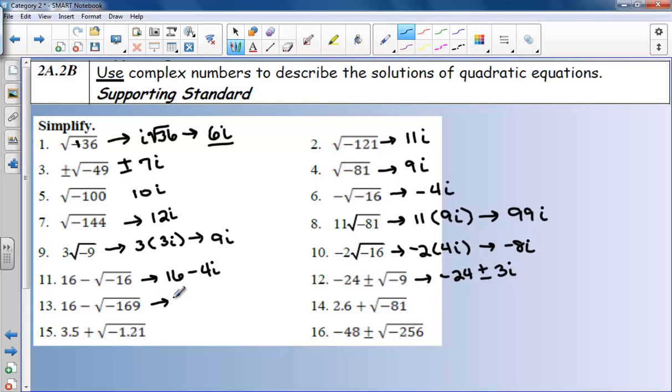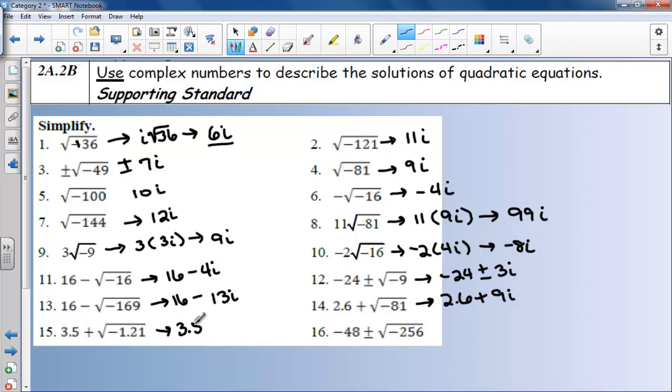You've got 16 minus 13i, 2.6 plus 9i. They just want you to see that they come in all different forms.